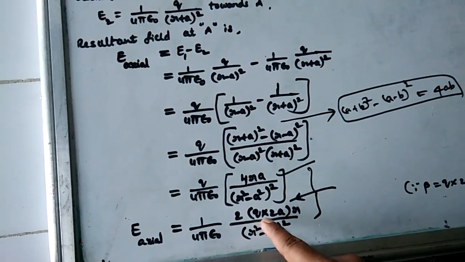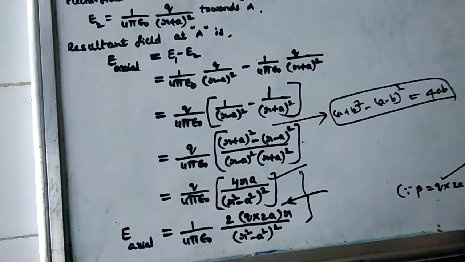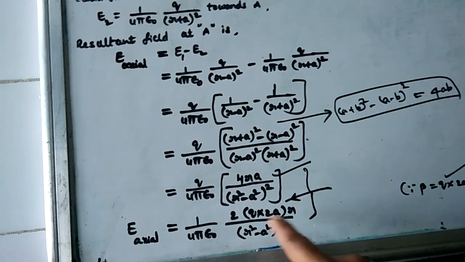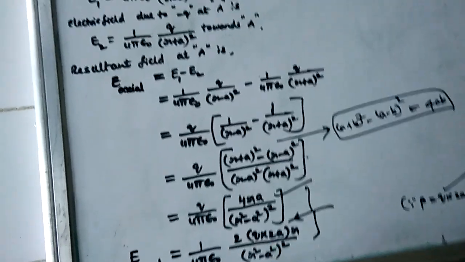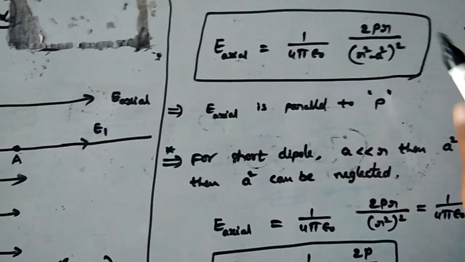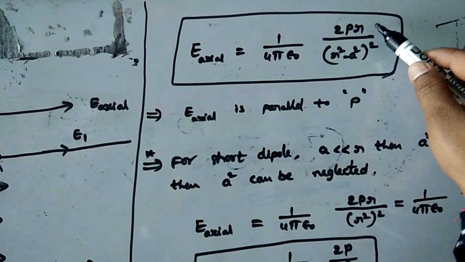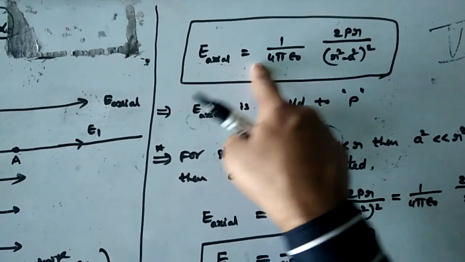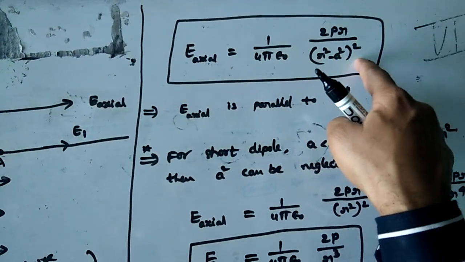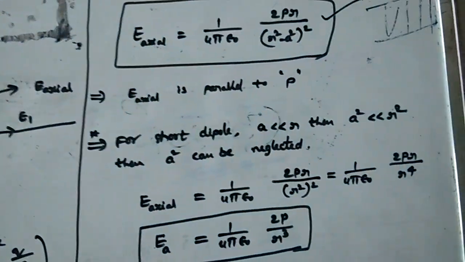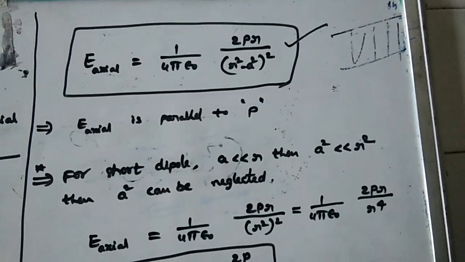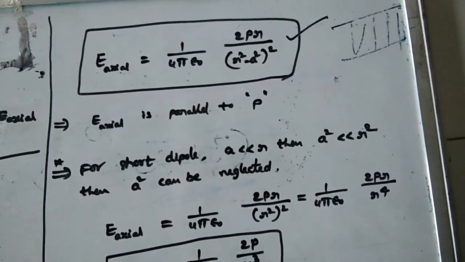Q into 2a is nothing but P, the dipole moment. So this is equal to 1 by 4 pi epsilon naught into 2PR by (R square minus a square) whole square.